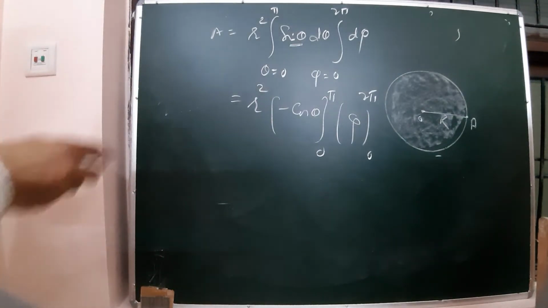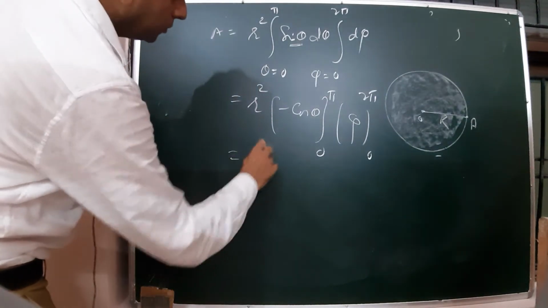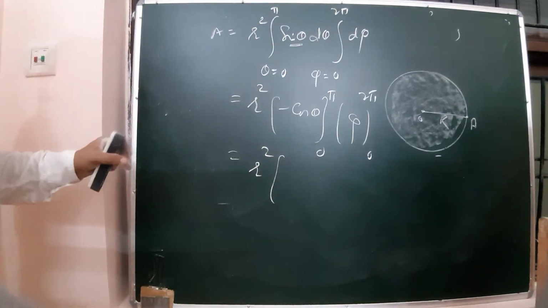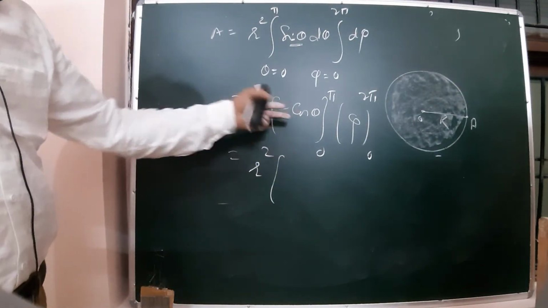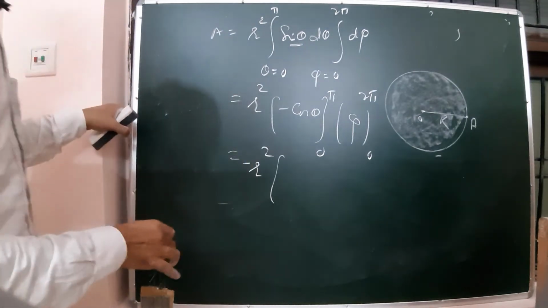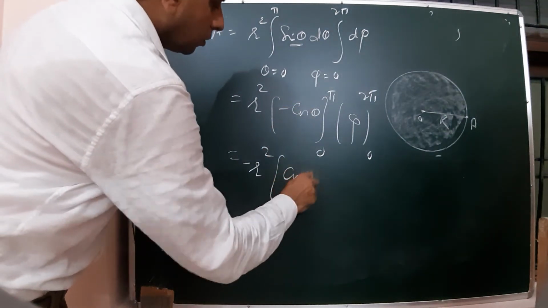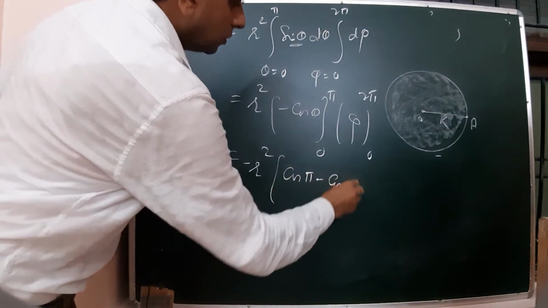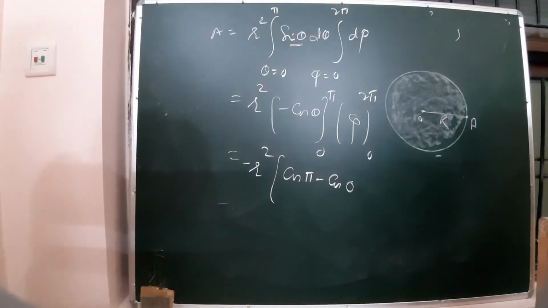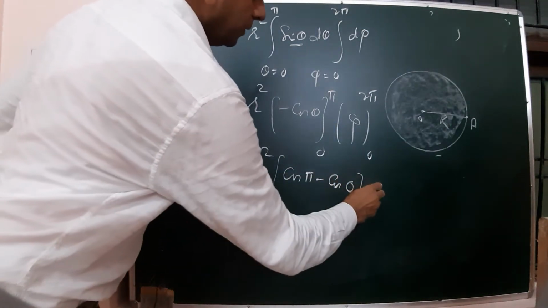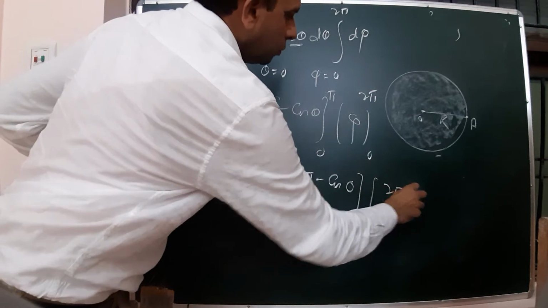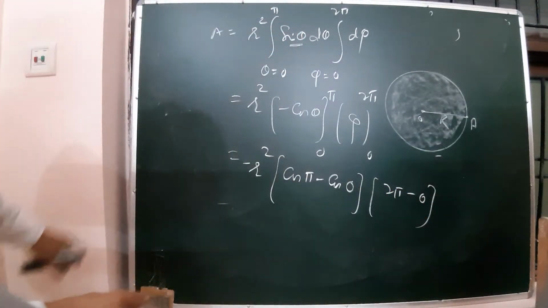Is it clear? And then r square. Now, this minus may be taken as common, and it will become cos pi minus cos 0, and phi is 2 pi minus 0.